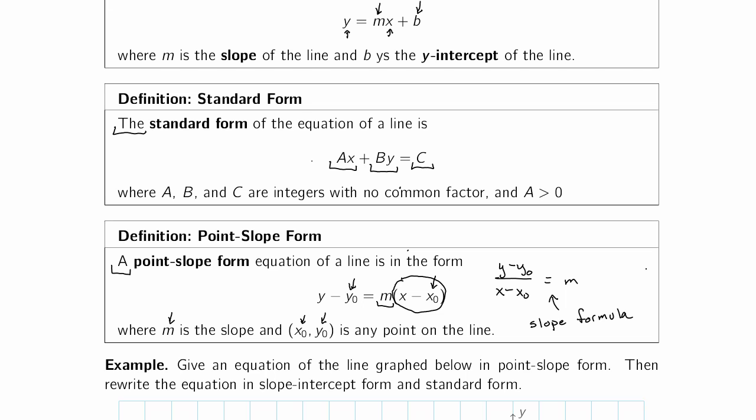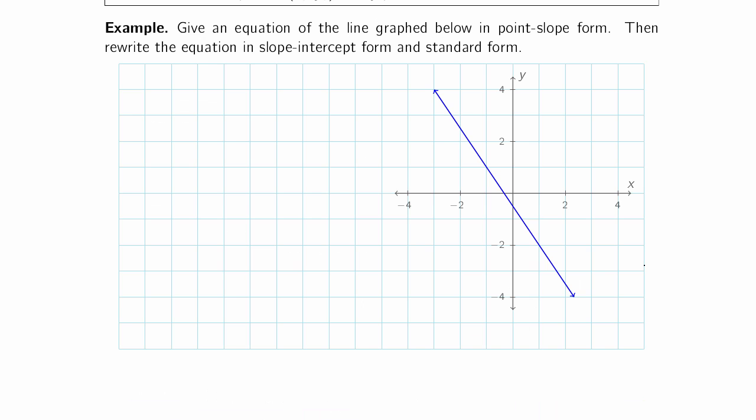So, just to refresh our memory of how to work with lines, I have a line graphed here. I'm going to give an equation in point-slope form, and then I'm going to rewrite that equation in the other two forms that I'm interested in.